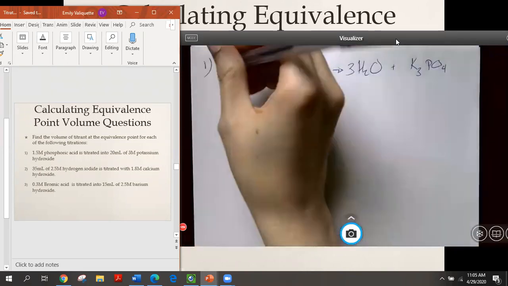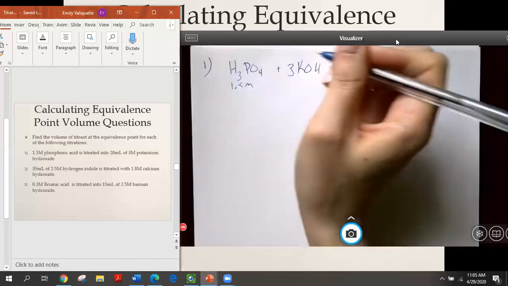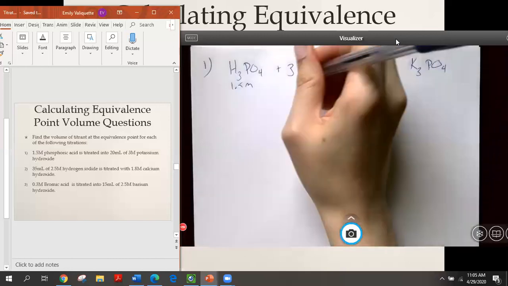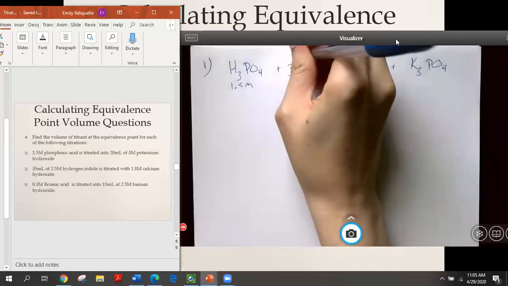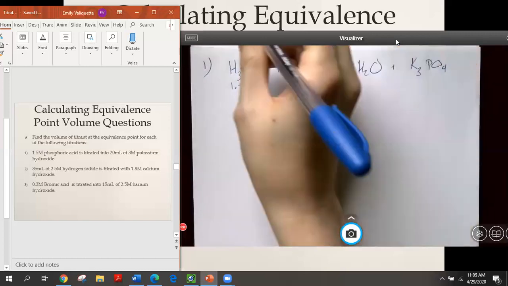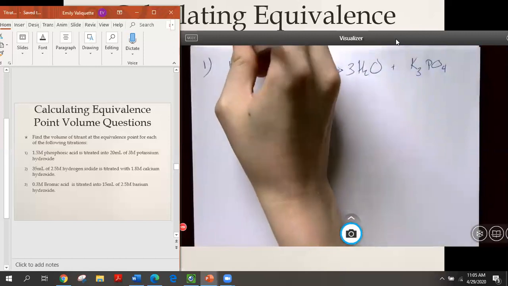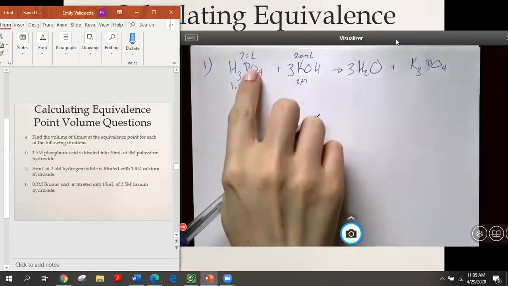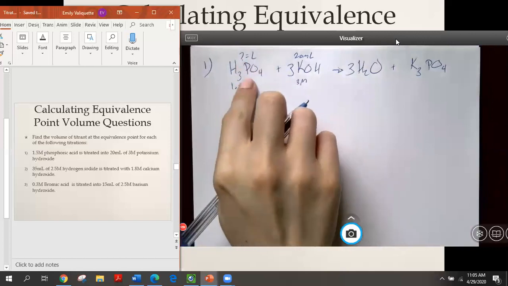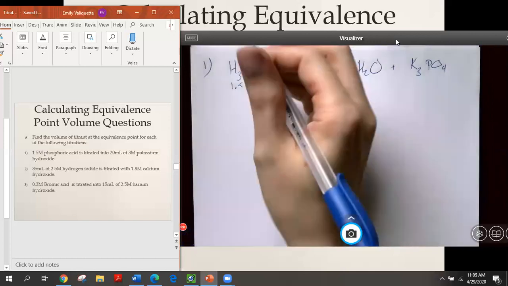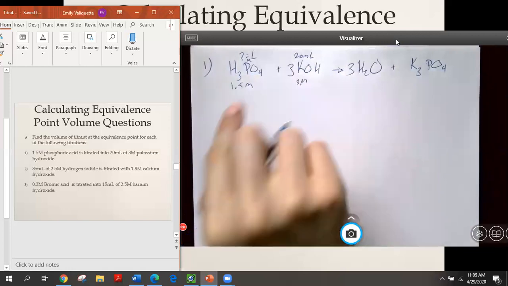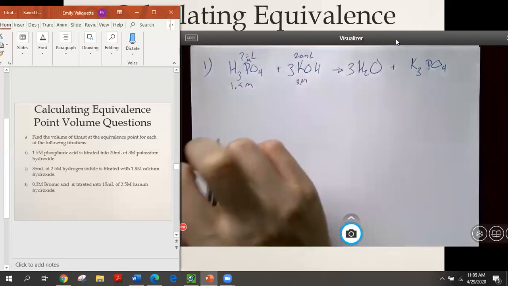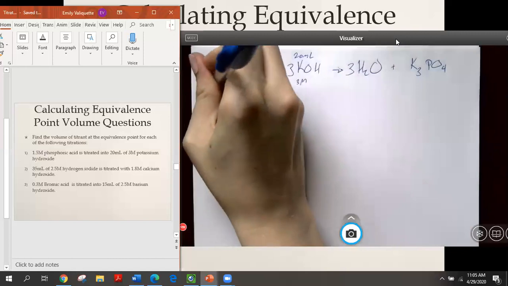Then it tells us we have 1.5 molar acid, 3 molar base, 20 milliliters of the base, and we want to know how many liters or milliliters, could be either or, of our acid was titrated into the base in order to reach the equivalence point. So that was step one.